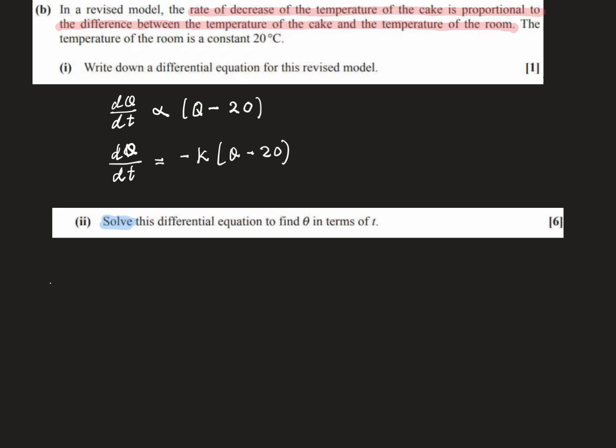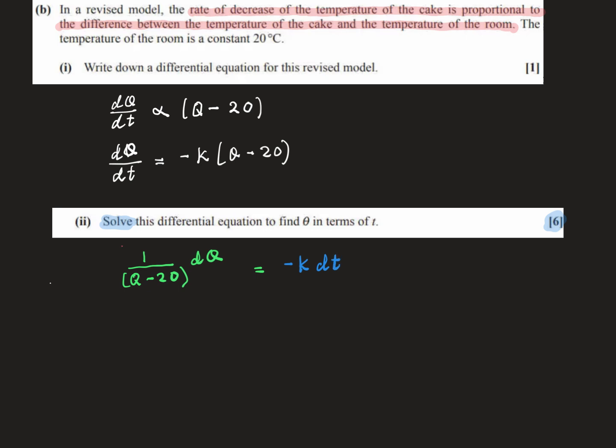Now, the reason that it's got a whopping 6 marks is because it's going to require a lot of algebraic calculations. I'll rearrange the above equation so that it'll look like this: 1 over θ minus 20, I've moved that to the left, dθ, and that's going to equal minus k dt.